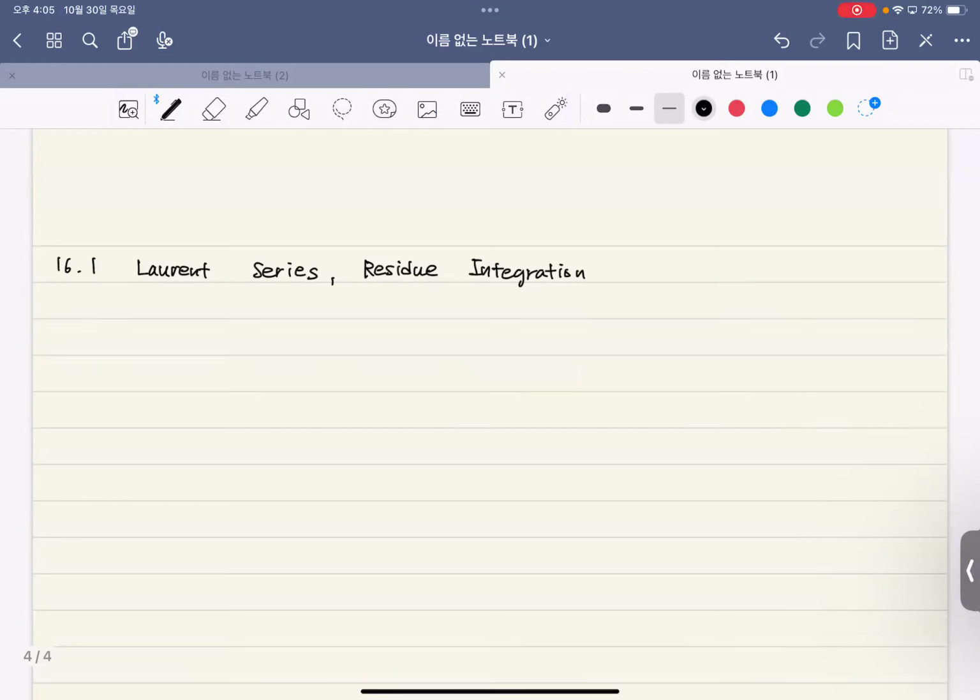So I will first try to give you the statement of the Laurent series. This is quite long. I have a function f which is analytic on an annular domain.